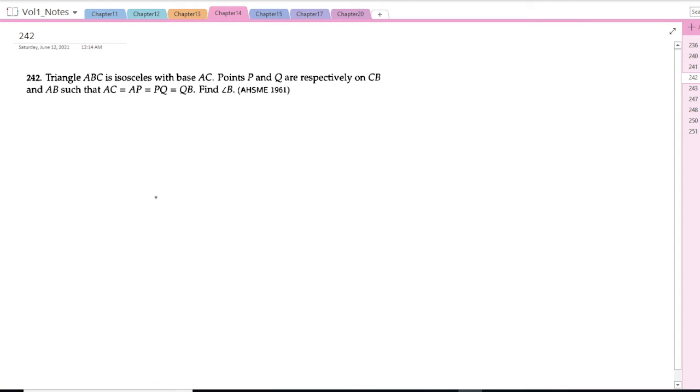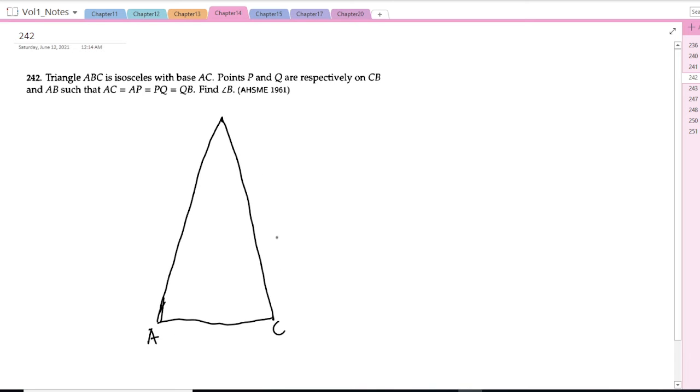So triangle ABC is an isosceles triangle with a base of AC and vertex B. The points P and Q are respectively on CB and AB, such that AC equals AP, AP equals PQ, and it also equals QB, so we have this one, this one, this one, this one.